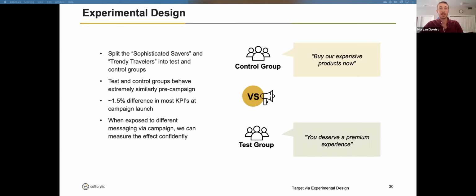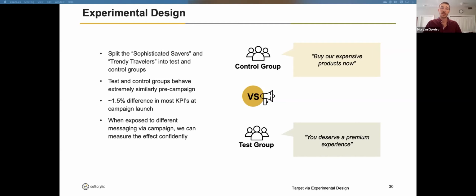Once we split those test and control groups, we'll analyze how they look today. It turned out after we got those test and control groups out, for most of those metrics that were really important to the business, the test and control groups showed very similar activity.